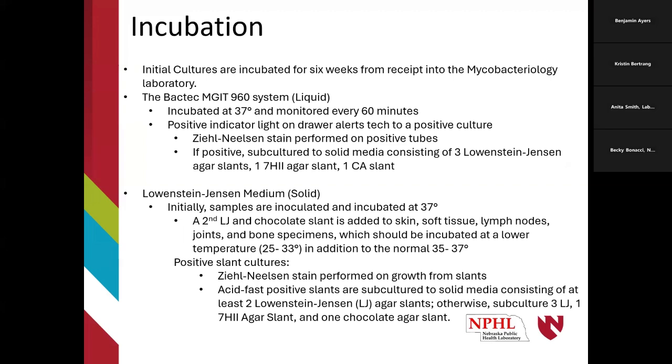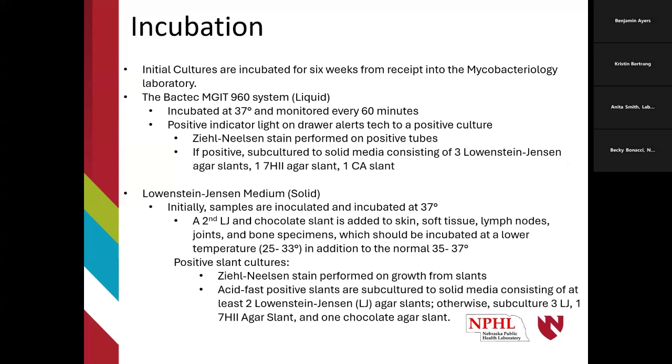If it's mixed, if it has acid-fast bacilli plus bacteria, we will subculture to selective media and then re-decontaminate it again. But if it's a nice positive, just acid-fast bacilli seen, we'll subculture to 3 Lowenstein-Jensens, 7H11 agar, and a chocolate slant.